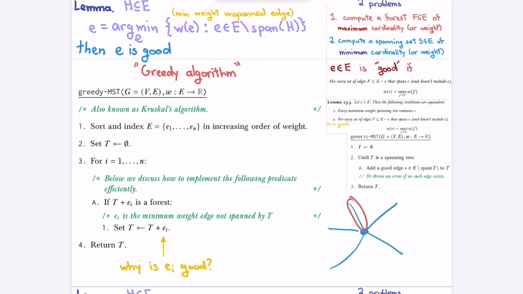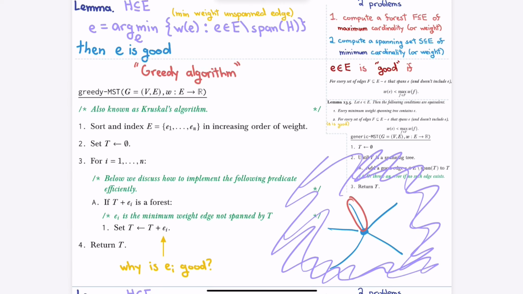It's going to be much simpler. So I'm trying to find some other set of edges H that makes this edge look good. Yeah, let's just take H to be the rest of the graph.